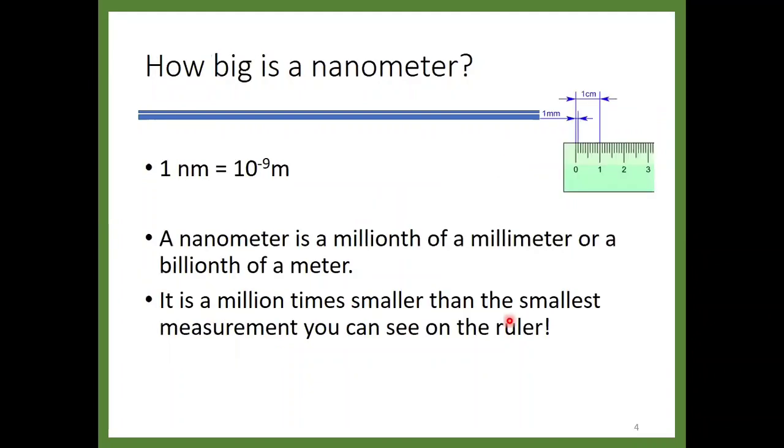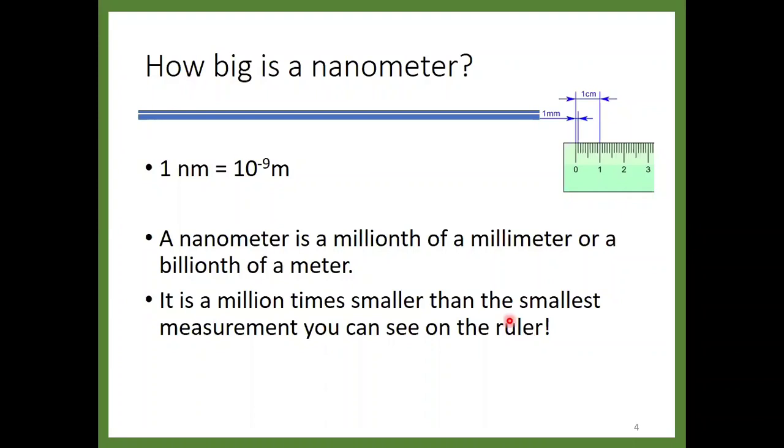Now let's talk about what is a nanometer. I think you know it. 1 nanometer equals 10 to the power minus 9 of a meter. That is a 1 billionth of a meter, or 1 millionth of a millimeter.